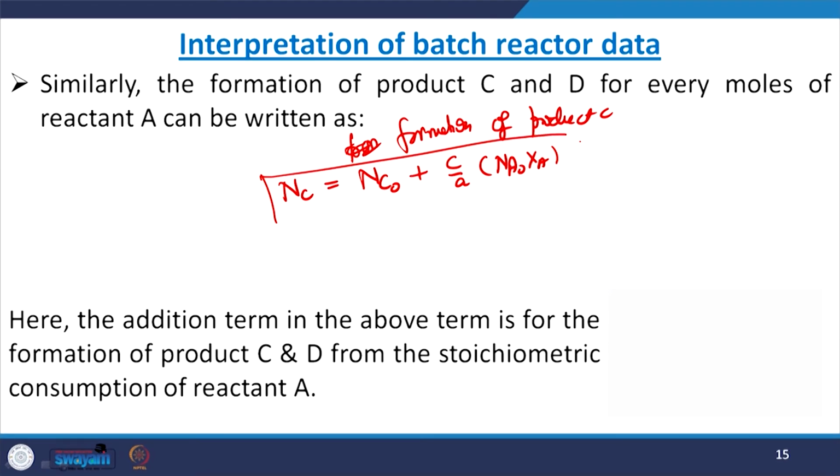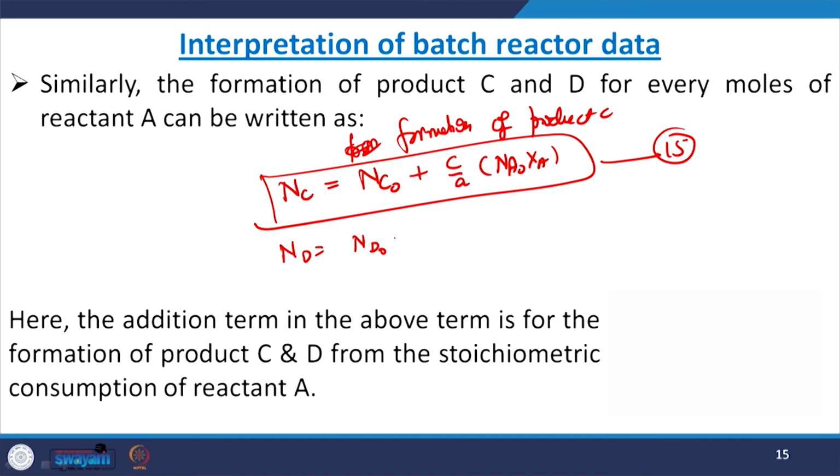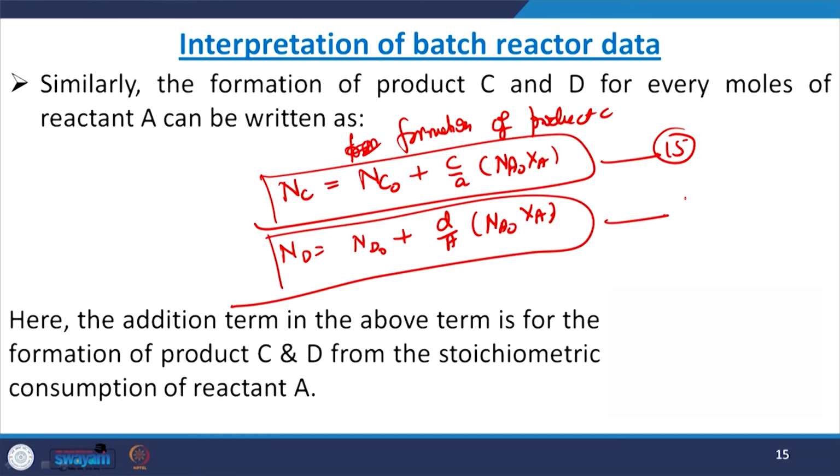That is equation number 15. Similarly, you can write for product D: Nd is equal to Nd naught plus d upon a Na naught Xa. This is equation number 16.